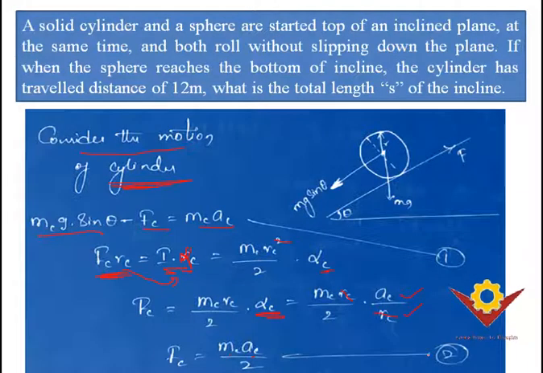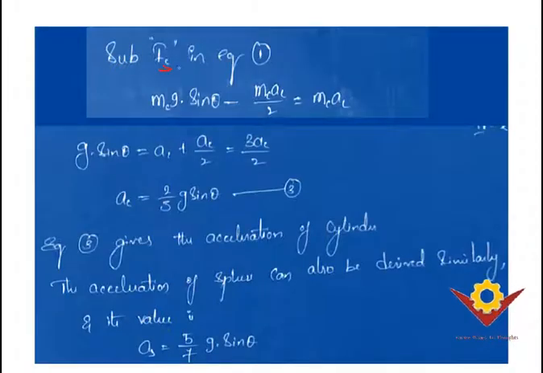Make this equation 2, and the earlier one equation 1. After substituting the value of Fc from equation 2 into equation 1 and resolving, you get the acceleration, which is 2 by 3 g sin theta. Clear?